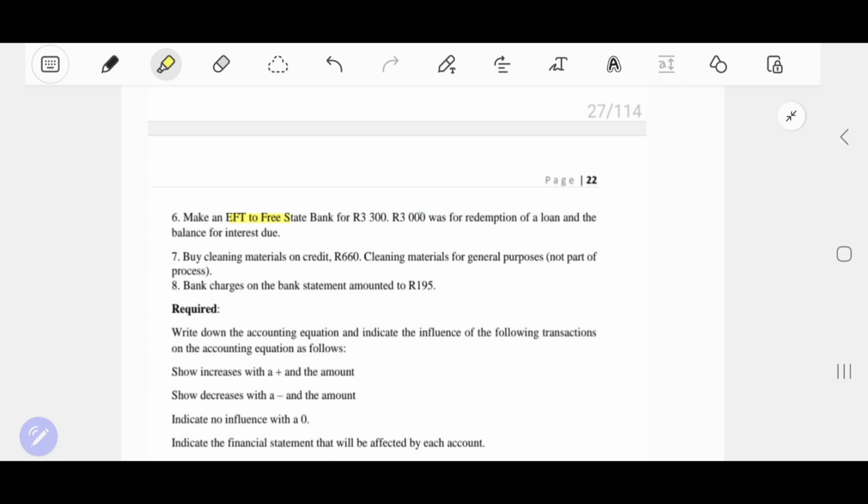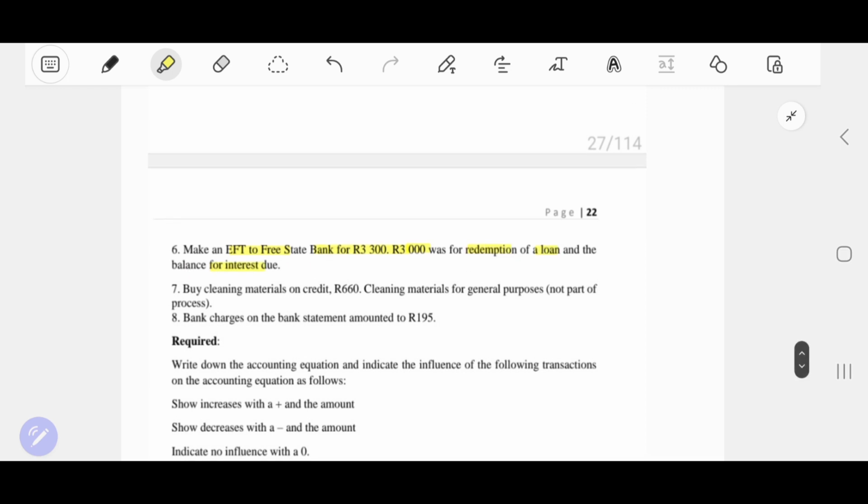Make an EFT to Free State Bank for 3,300. Then the 3,000 is for the redemption of a loan, and then the balance is for interest. So we paid one institution two different amounts, and we need to be able to classify the information as such. One institution, two different amounts.